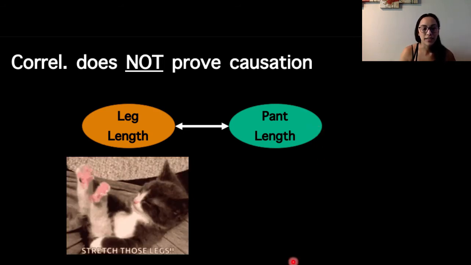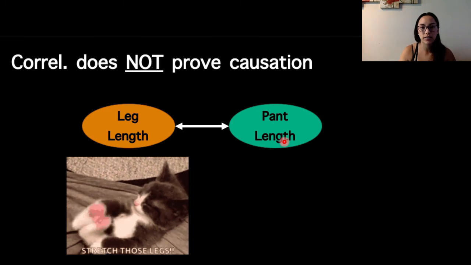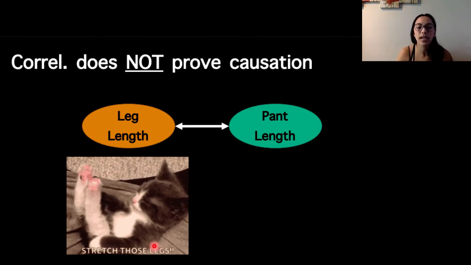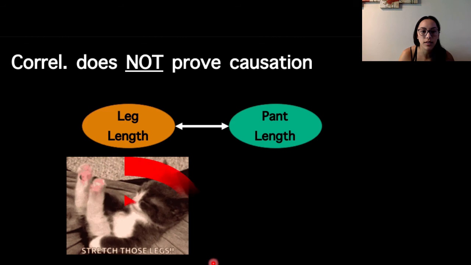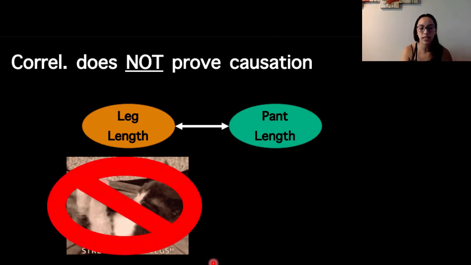We can't, however, say that having long pant lengths causes a person to have long legs, right? So that's where the cause and effect thing comes in. You can't just magically grow your legs because you have long pants. That would kind of be cool, but it's not true. So while a relationship does exist between these variables, we can never say in a correlation that one variable causes the outcomes of another variable.